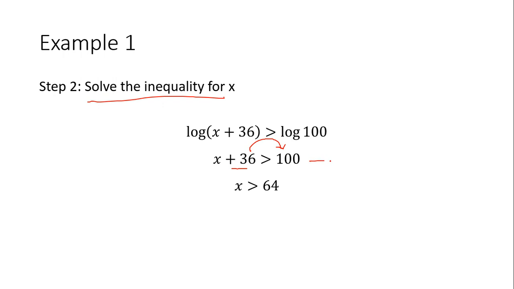So, magkakaroon po tayo ng 100 minus 36. Evaluate 100 minus 36, meron po tayong 64. Therefore, the value of x is 64 or x is greater than 64. Okay? So, yan yung nakuha nating value ni x nung sinolve natin yung inequality.